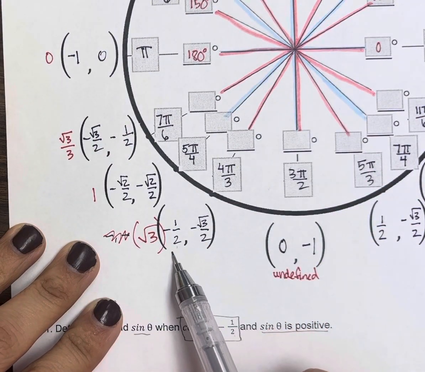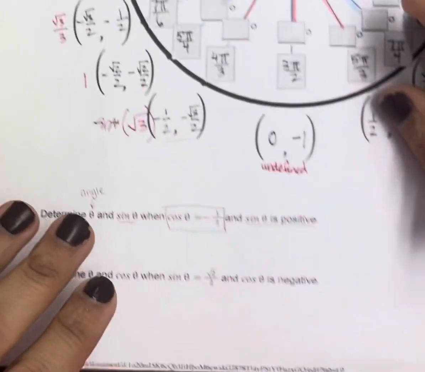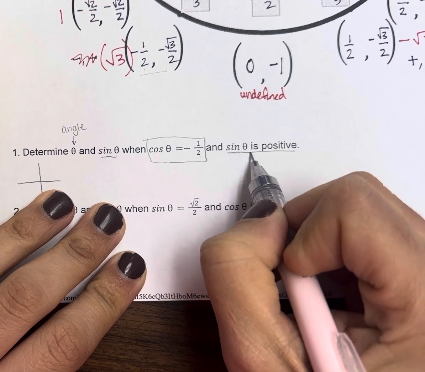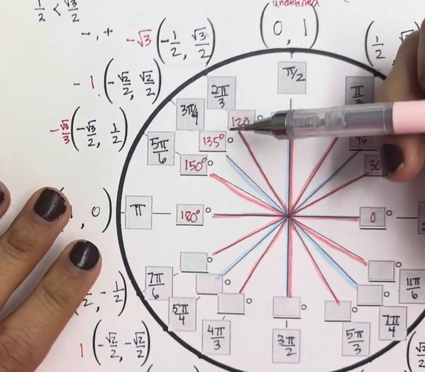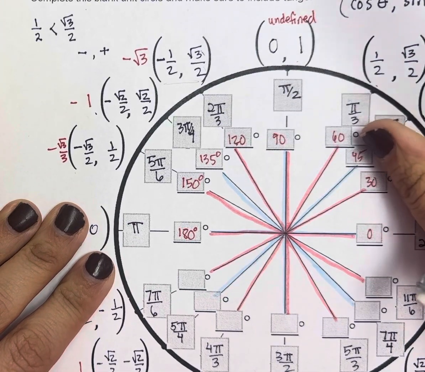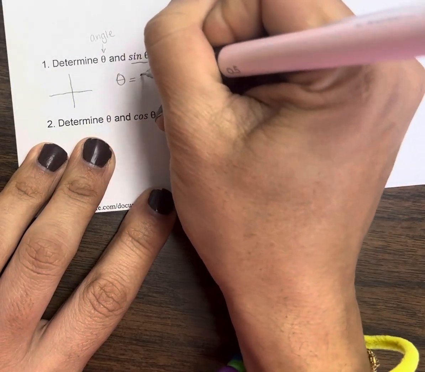And right here. And these are the two possibilities, okay? And then we got to narrow it down by this. They say sine is positive. Well, sine is the y. And the y is positive on this guy, 2 pi over 3, okay? So what is theta? The angle is 2 pi over 3.